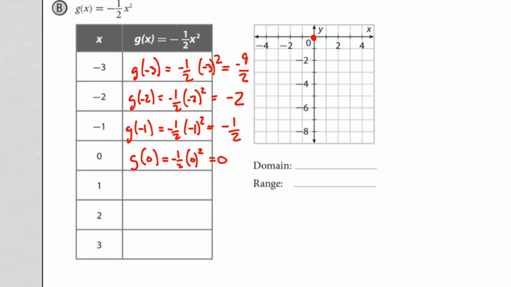So here we go. I'm just graphing the various points. And of course we have this axis of symmetry, which kind of makes graphing a little bit easier for us.